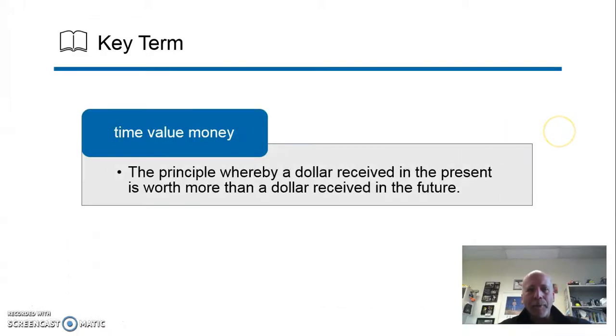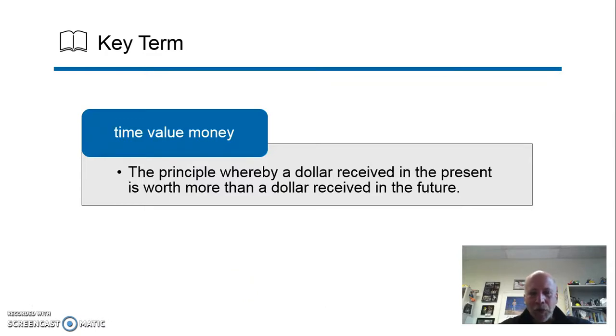So another key term that is important when you talk about personal finances is what we call the time value of money. That is where a dollar received in the present is worth more than a dollar received in the future. If I give you $10 today, or I give you $10 a year from now, that $10 today is technically worth more.